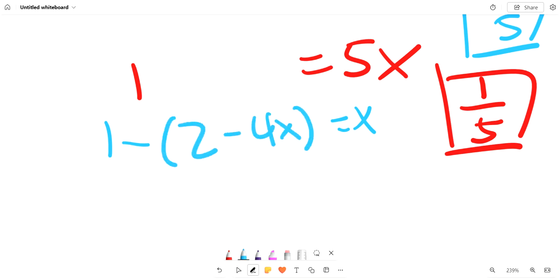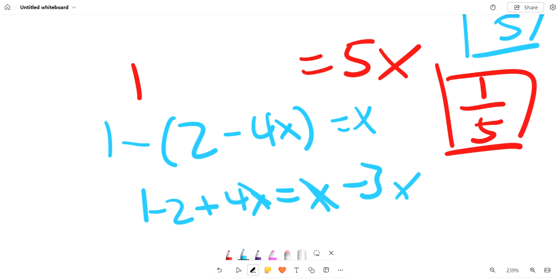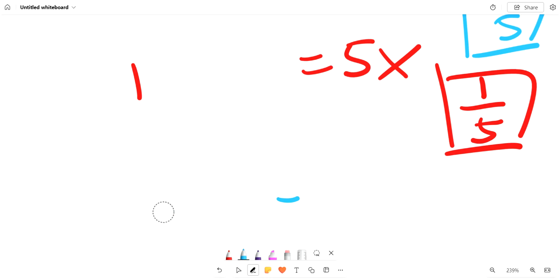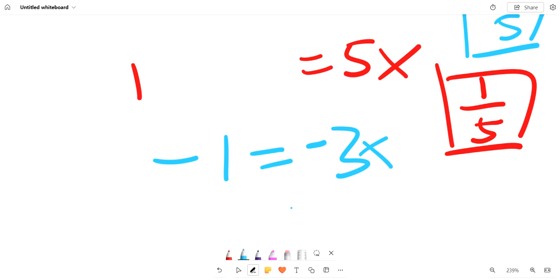And subtracting, we get 1 minus 2 plus 4x equals x. Cross out these. 1 minus 2 equals 3x. This is also minus 1. So we also get minus 1 equals minus 3x. So we get x equals 1 over 3.